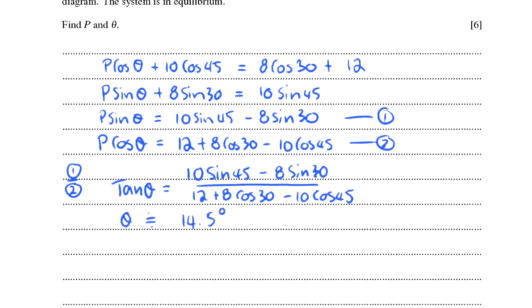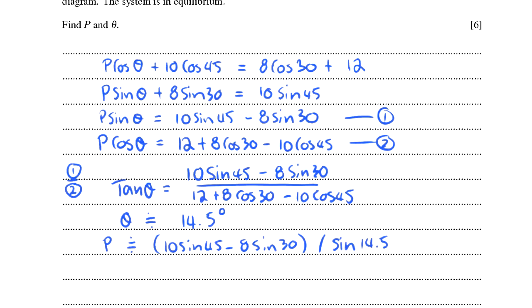Right, to find P, we just use either equation 1 or 2. So let's use equation 2. We want to find P, so let's take the sine theta, divide it into the other side, and we will get 10 sine 45 minus 8 sine 30 divided by sine 14.5. All right, I'm not going to use 14.5, of course. I'm going to use the exact value so I get a more accurate answer.